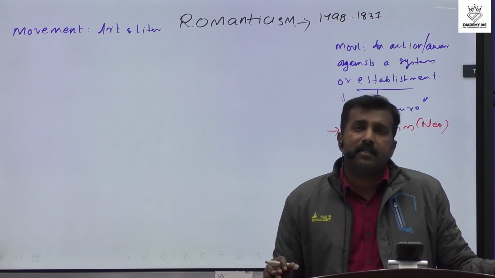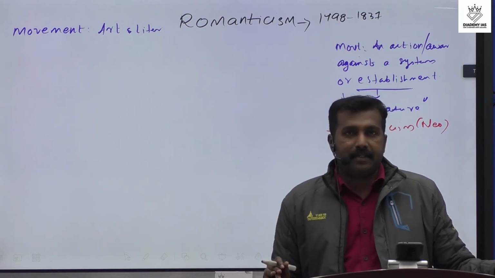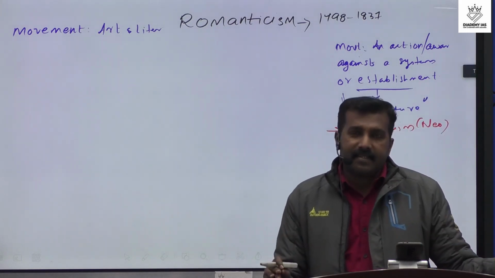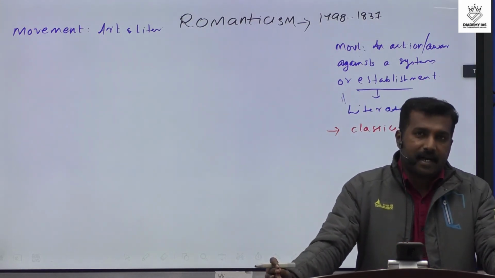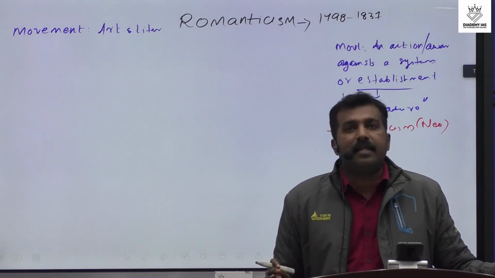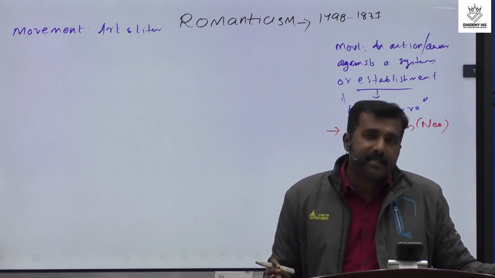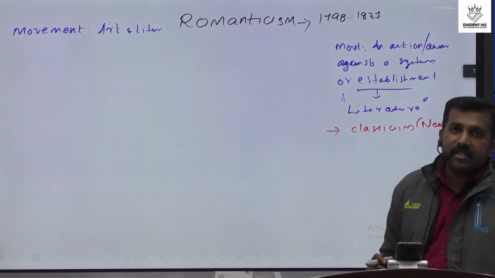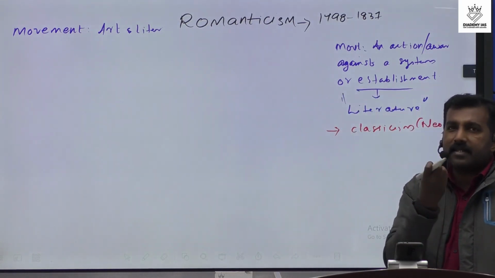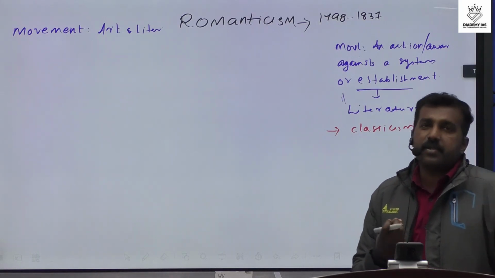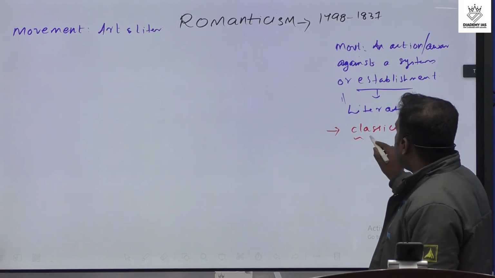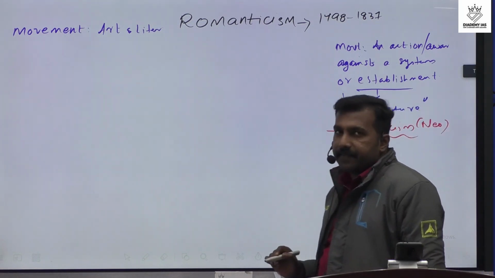So why did this movement happen in England? This movement was against a system of establishment or a conventional way of the literary field in England. Especially, it means the existence of some sort of literary works and literary presentations during that time, which is called neoclassicism.